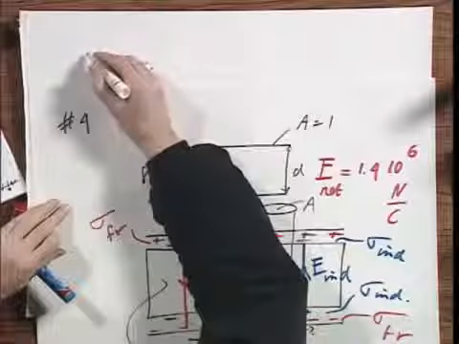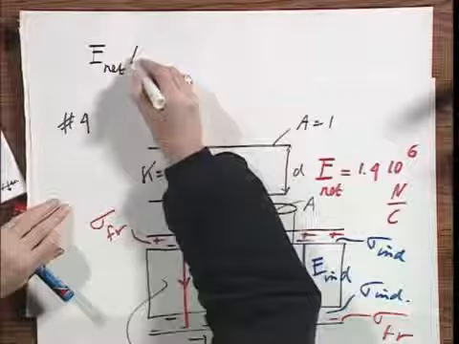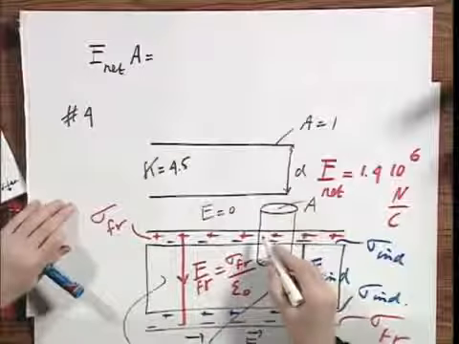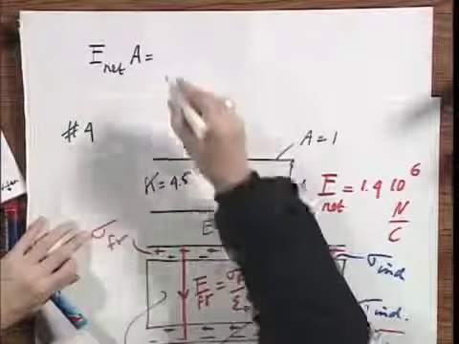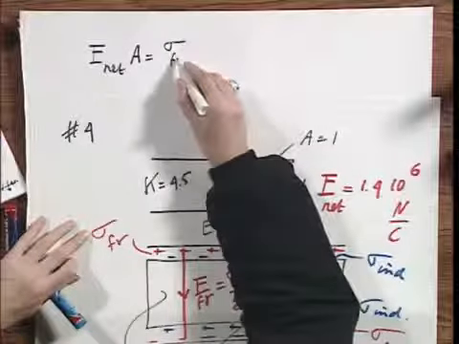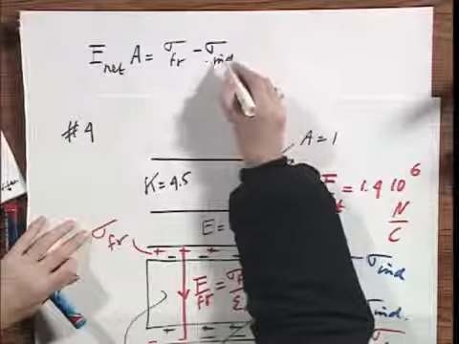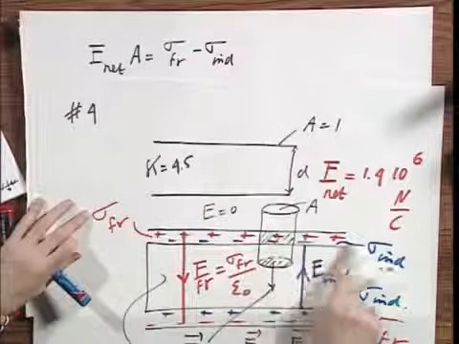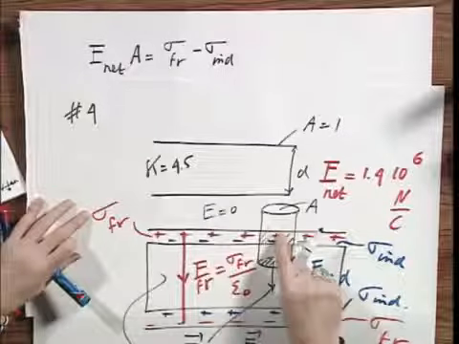First, I'm going to say that E net times that area A is the total charge inside that box divided by epsilon 0. What is the total charge inside that box? That is sigma free minus sigma induced. The minus sign because the induced charge here is negative, and I have assumed that this metal plate is positive.